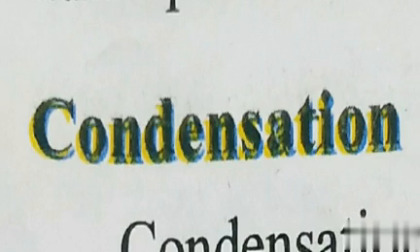When the relative humidity in the atmosphere exceeds 100%, the excess water vapor present in the atmosphere will get condensed as minute droplets of water. So in our atmosphere humidity is present, no?